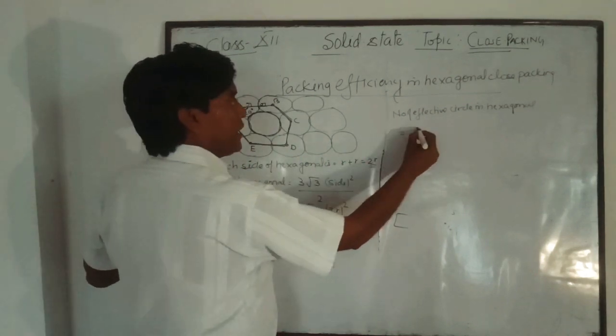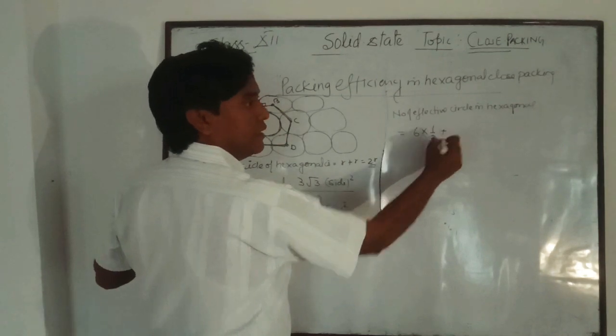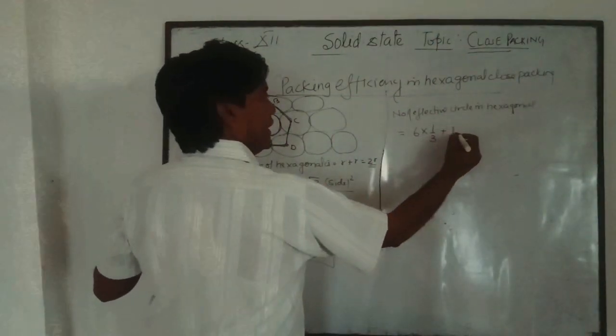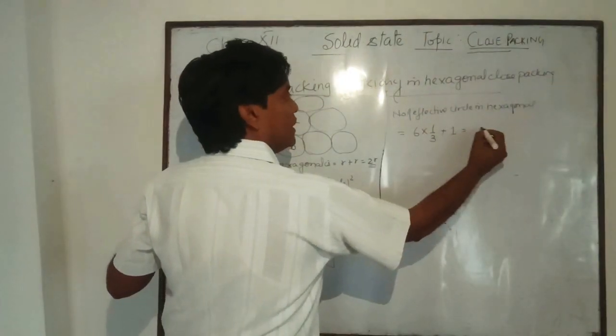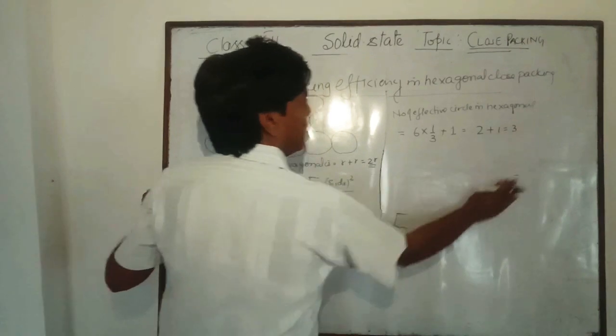And each corner particle contributes 1 by 3. Clear? And there is 1 in the middle. That is 1. Then we get 6 times 1/3 plus 1, that is 3 circles.